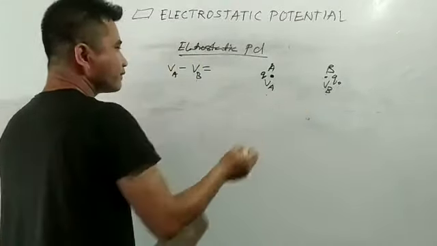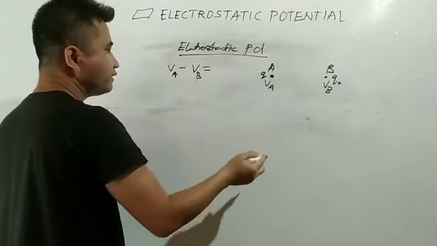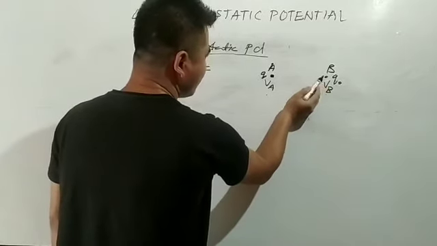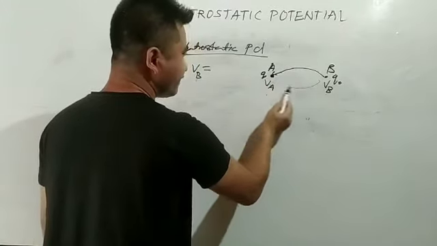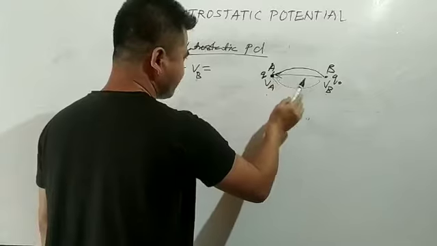Now what will be the electrostatic potential difference? It is the work done in moving this test charge from point B to point A. You can take any path, it does not matter, you can take a straight line also.